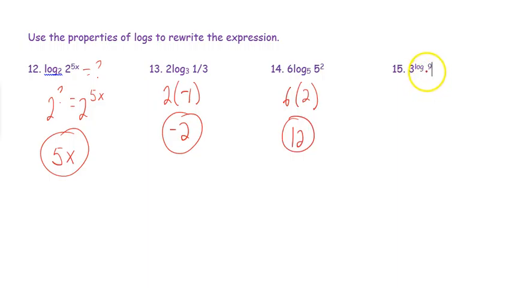Okay? The last one over here, it did not show up. I couldn't type it, but this is supposed to be a base of 3 up there. 3 to the log base 3 of 9. And so what I was wanting you to do is to figure out that log base 3 of 9. Ignore the 3 for a second. So 3 to what power is 9? Well, obviously 3 squared is 9. So this answer is 2.